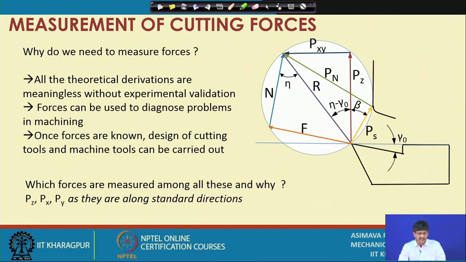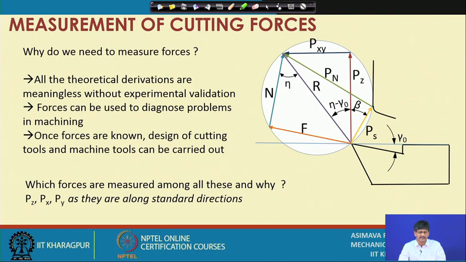The experiments have to be carried out on a machine tool only. So, a machine tool must be present, but in order to make the machine tool present, design has to be done. Measurement of the cutting forces has to be done in order to design it. That is absolutely essential: knowing the forces through experiments in order to use that data for machine design.